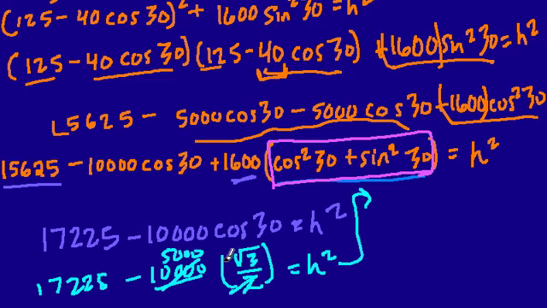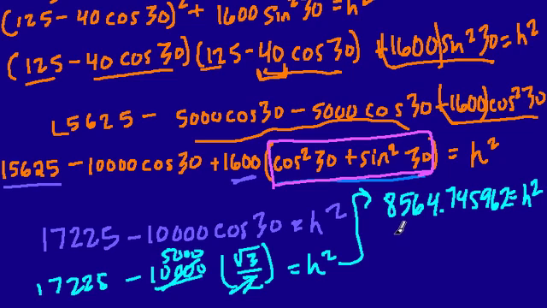So we have 17,225 minus 5,000 times the square root of 3. What is that? Well, plugging it into a calculator, it is 8,564.745962. That equals h squared.